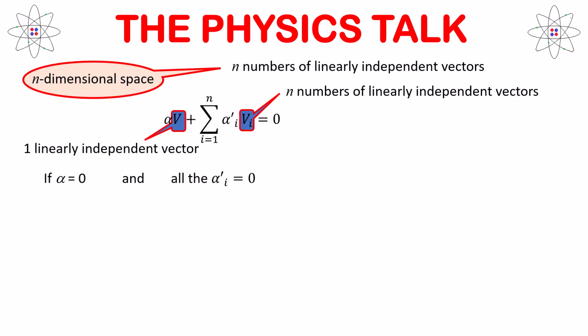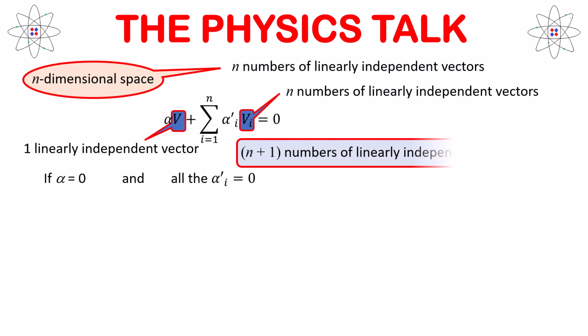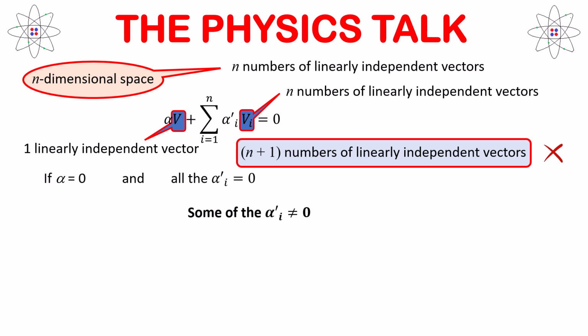Thus, in total, there are n plus 1 numbers of linearly independent vectors, which is not true because we are dealing with an n-dimensional space. Hence, some of the alpha i primes must be non-zero.